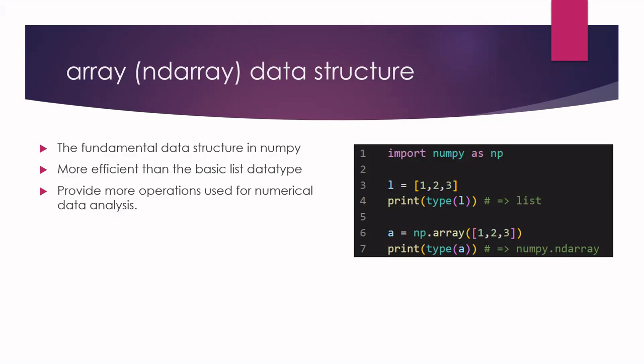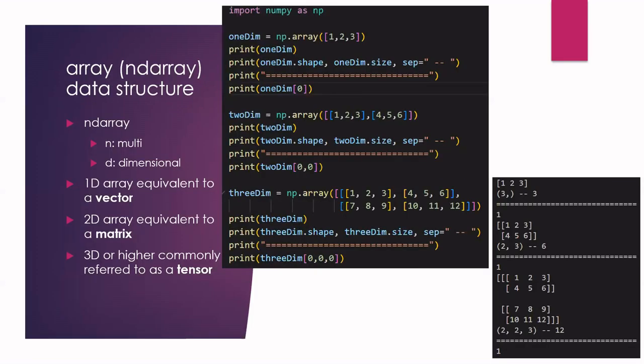You can create an array based on the elements themselves, but it's much easier if you define the list like this and then send it, or just send it the list as the argument right away. That will take the basic list and turn it into an ndarray. ND is short for N for multiple, D for dimension, so multi-dimensional array.